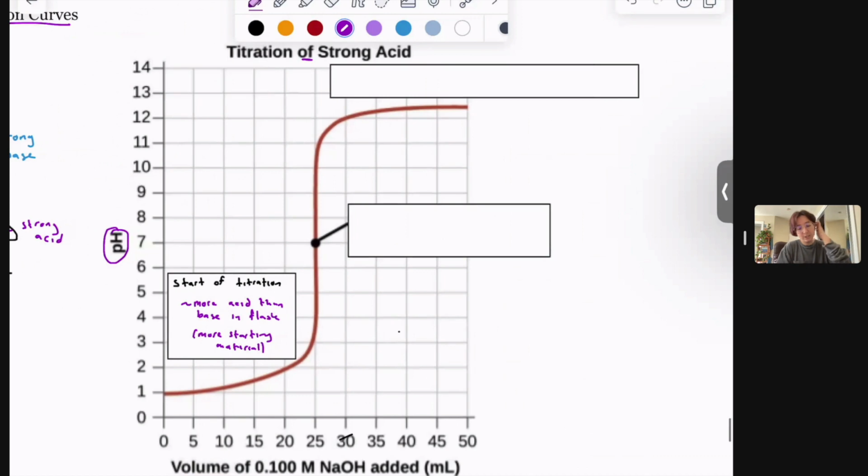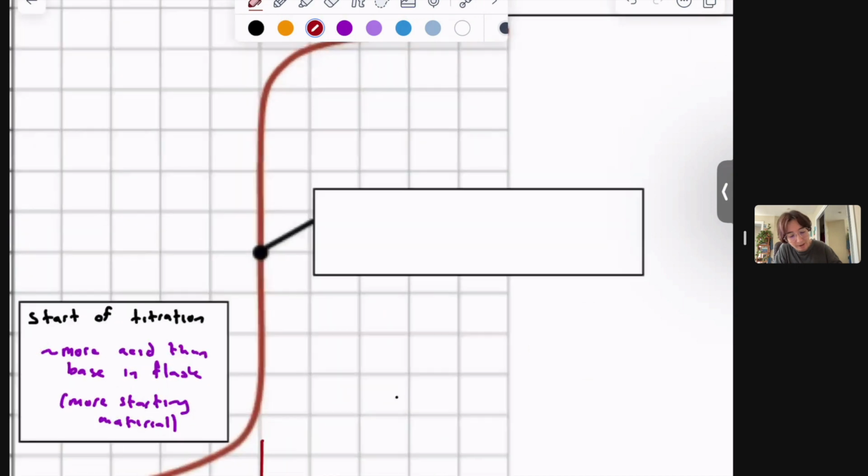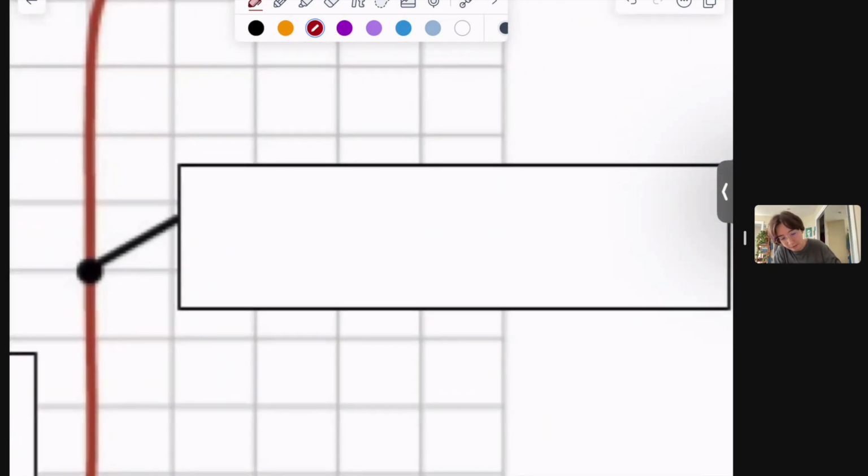And then at a certain point, you see this big shoot up in your curve. And there's a point in the middle of that, I don't remember what it's called, where there's a straight up and down in a curve, but in the middle of that, that is your equivalence point.